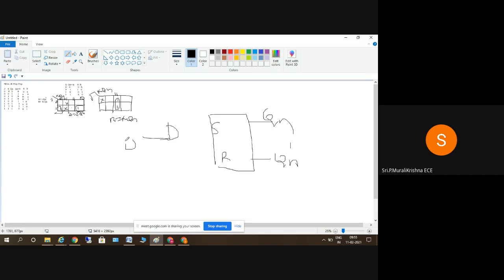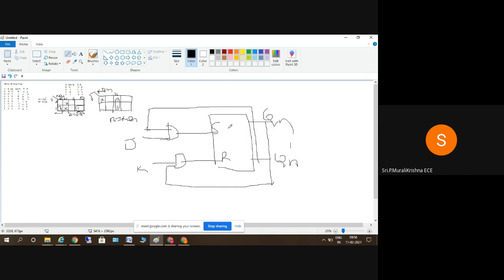One input is J. Okay, the other input is Q bar of N. This is given to S here, and K goes to the other AND gate. So R will be K Q of N. Q bar of N will be like this, this is the Q bar of N.